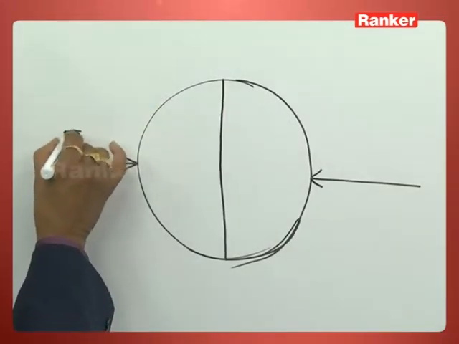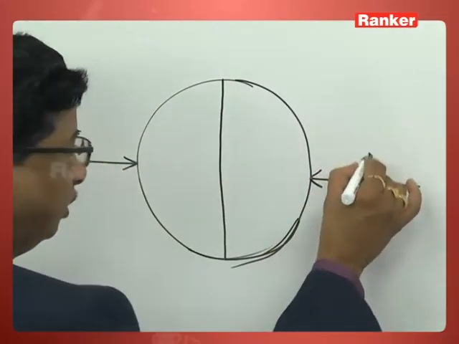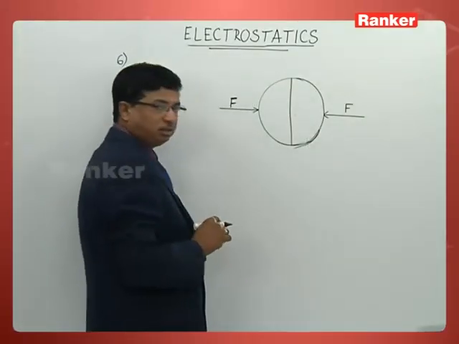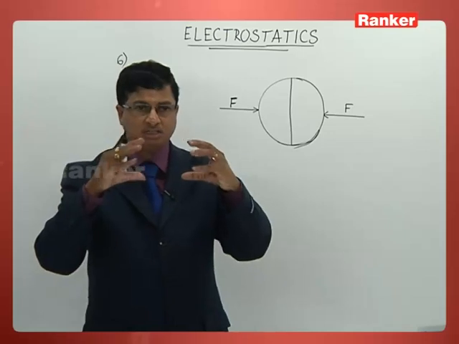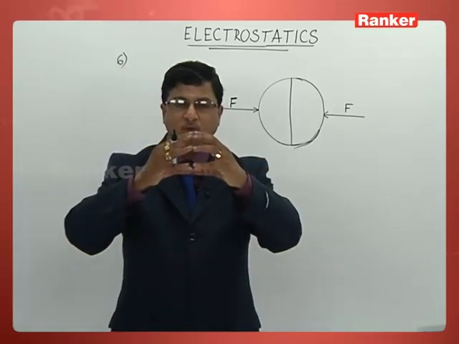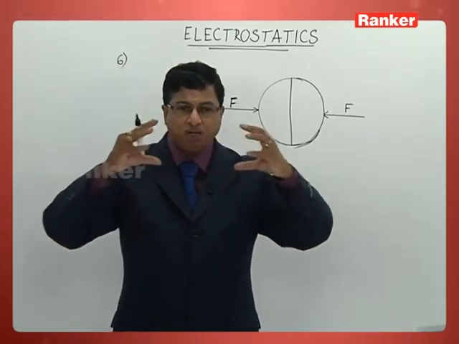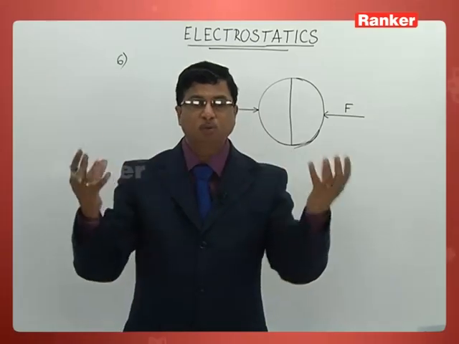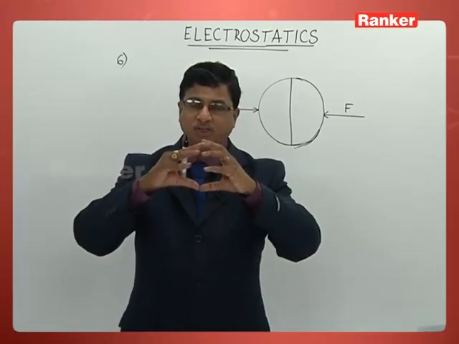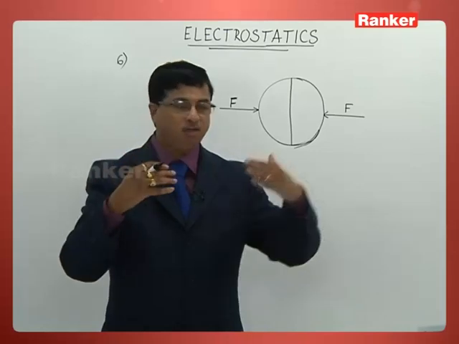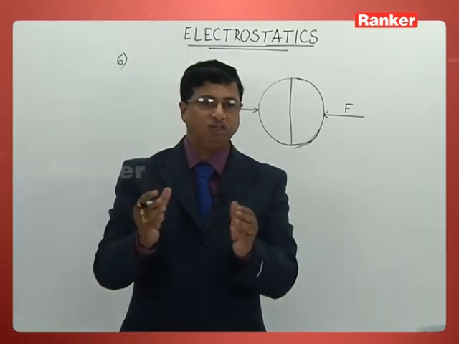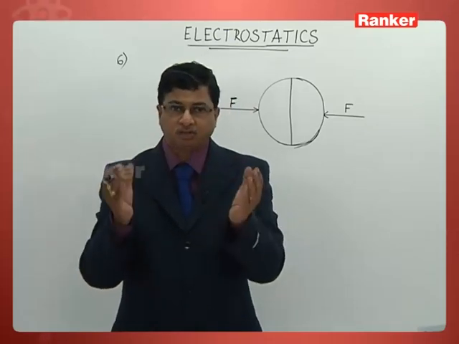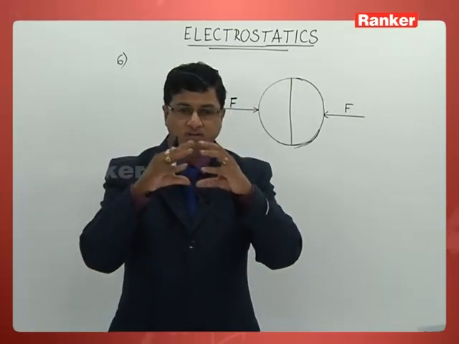What is this amount of force? He is asking you to calculate. That means two hemispherical shells like this are held together by applying force on both sides. That force over here is given F, this side also is given F. That means equal force is acting on either side of this hemispherical shell.